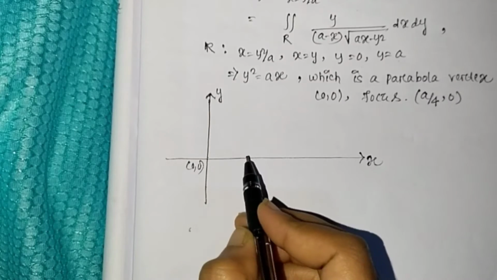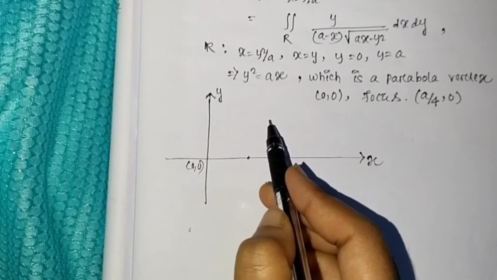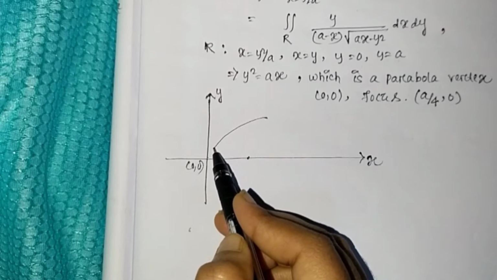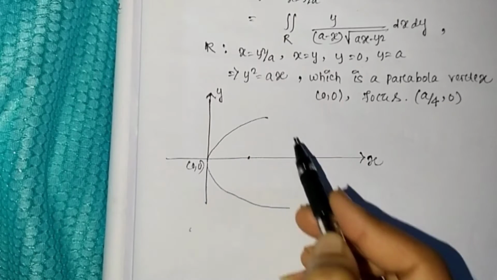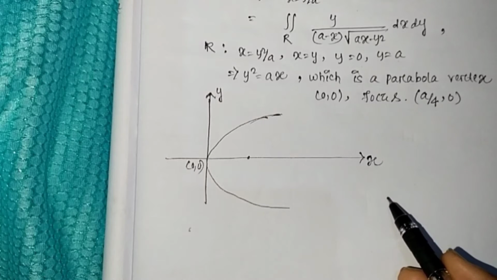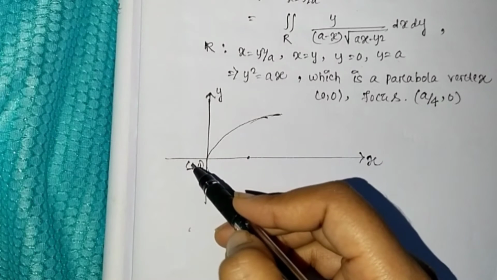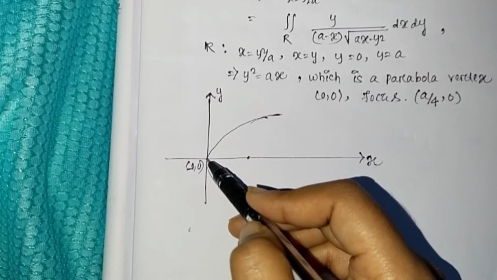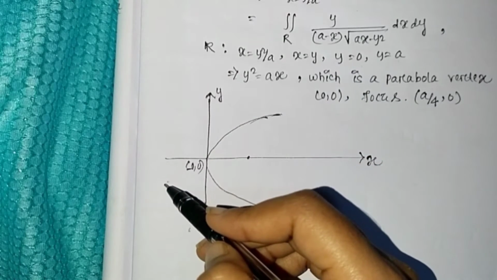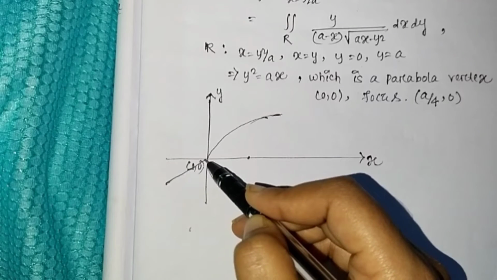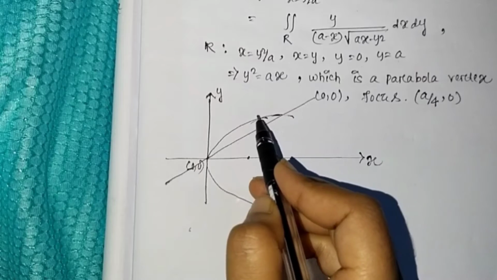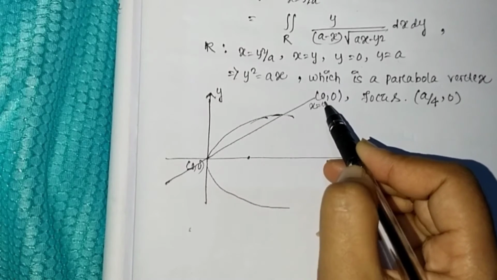So this is our focus, and this is our parabola. Next we draw a straight line passing through the origin, that is x equal to y.